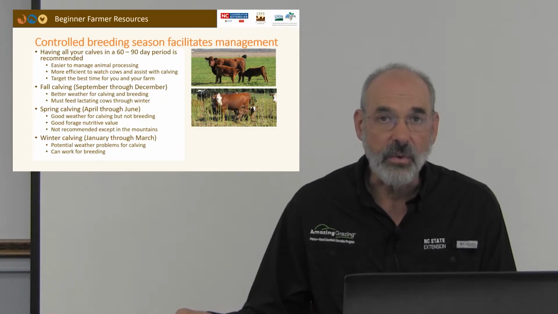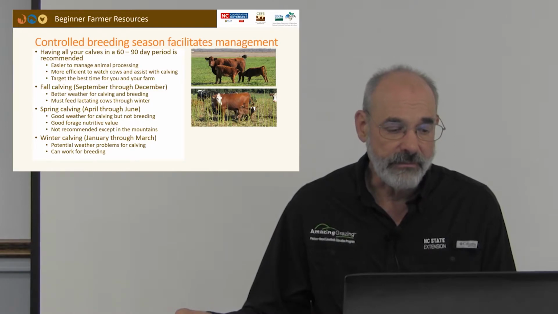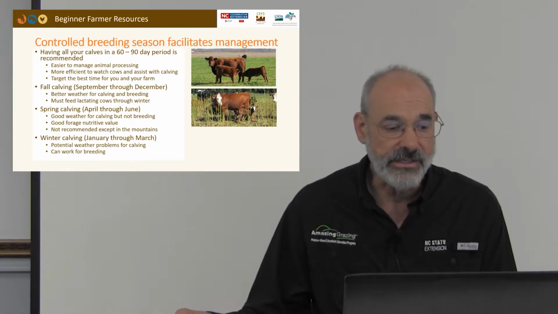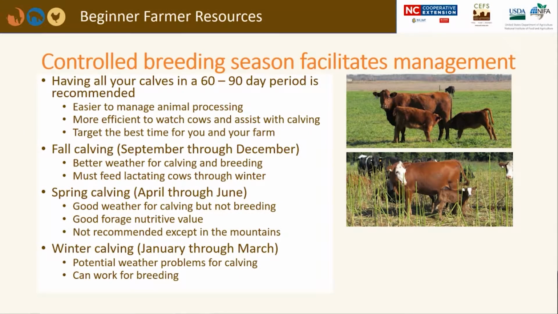Fall calving is quite common in the eastern region when calves are born sometime between September and December. This allows better weather for calving, less chance of a serious snowfall or ice event, but it has the disadvantage that we will have lactating cows during the winter, and so their nutrition needs to be considered.